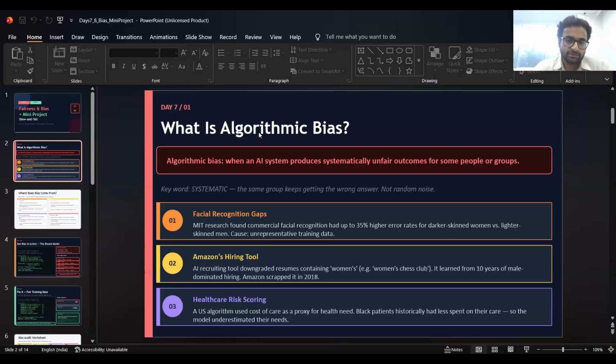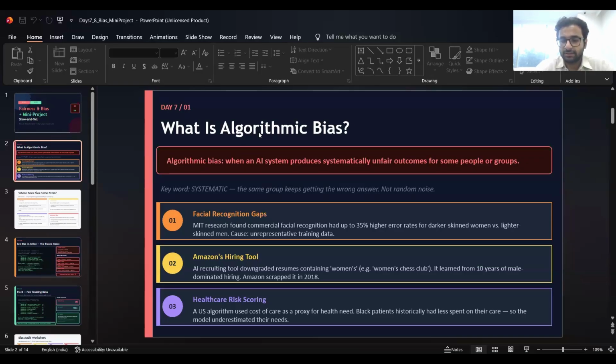Amazon's hiring tool downgraded resumes containing women's chess club. It learned this because it was trained on 10 years of male-dominated hiring, and then Amazon scrapped it in 2018. Similarly, in healthcare risk scoring, a US algorithm used cost of care as a proxy for health need.